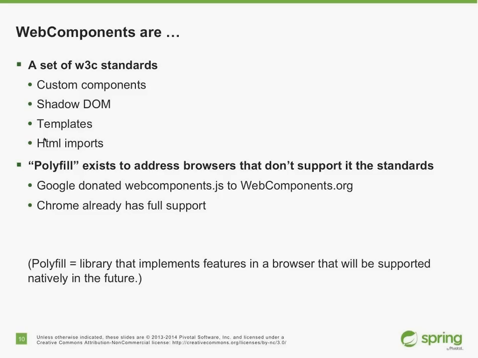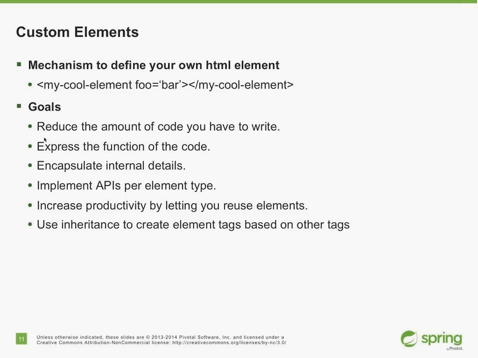Chrome already has full support, so Google donated the polyfill to webcomponents.org, so it's available for everyone. Since Chrome already has support, they don't really care anymore. They've moved on. But that is available, and that is something that we'll also be making use of.